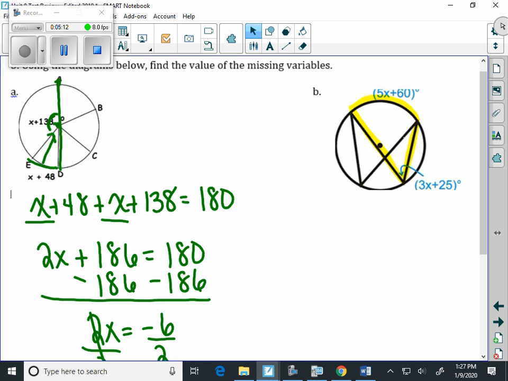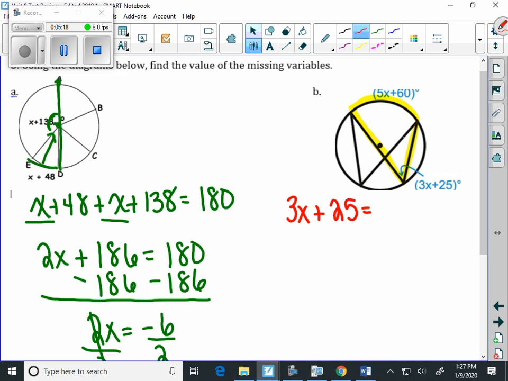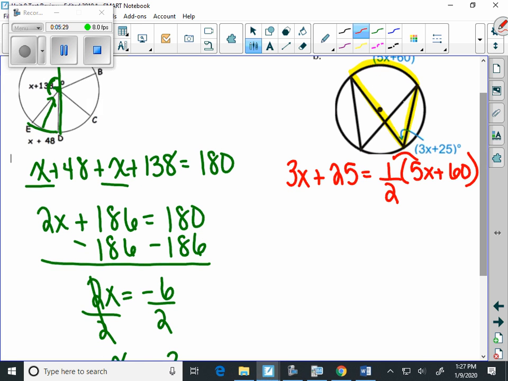And the measure of the inscribed angle, which is 3x plus 25, is half the measure of our intercepted arc. So when we solve this, we have to use distributive property here.